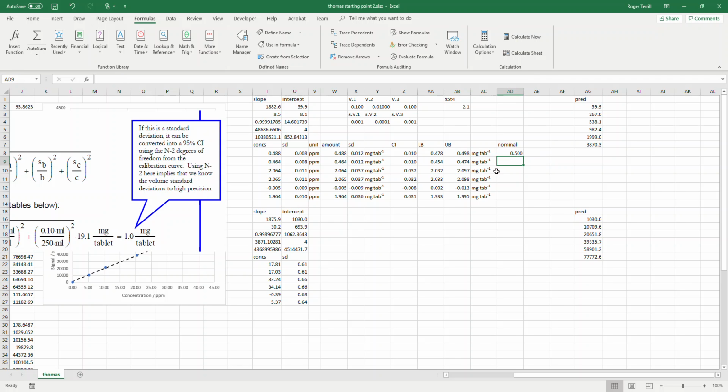And then we got to look at, in this case, a spike recovery here. And so this is going to be a percent recovery, here and here. And then this is going to be the blank baseline. And then we'll also have a percent difference here.